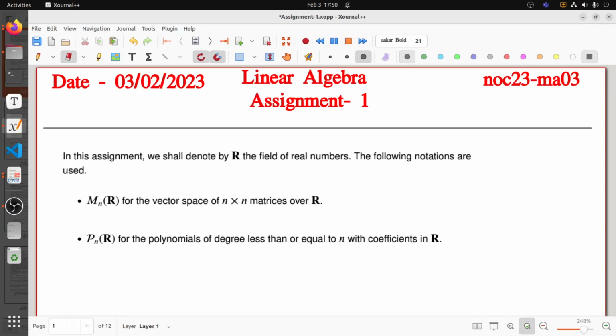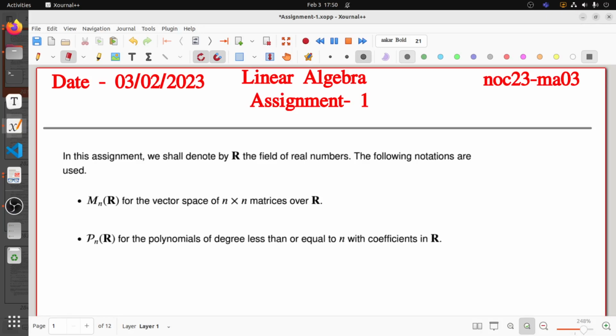And now U1, ..., UK are all in A, and A is a subspace of B. So what is the meaning? Subspace means if U1 is in A, then A1 U1 is in A, right?